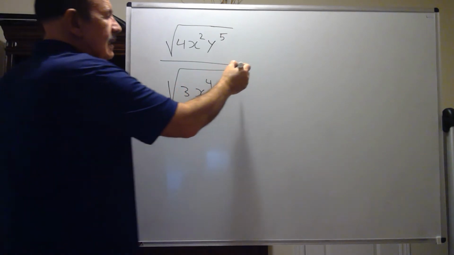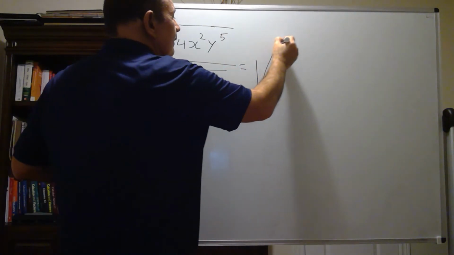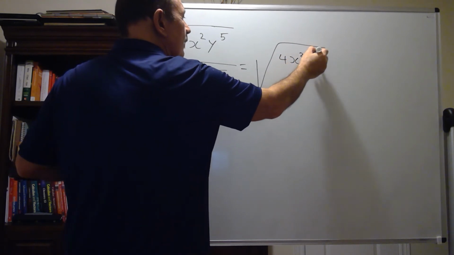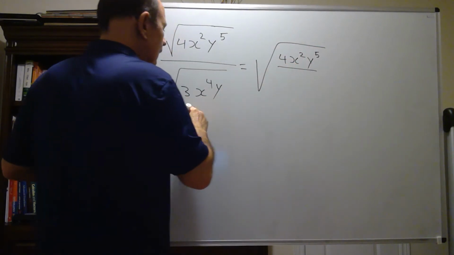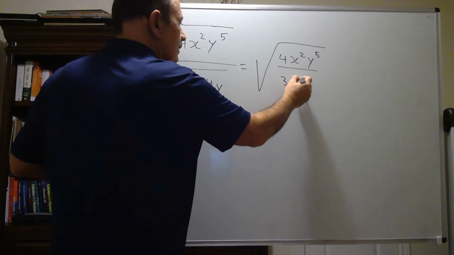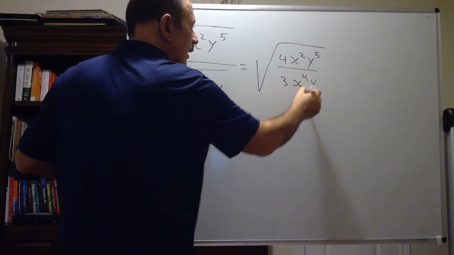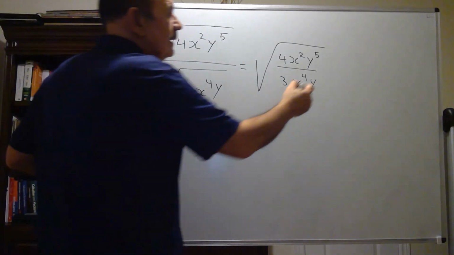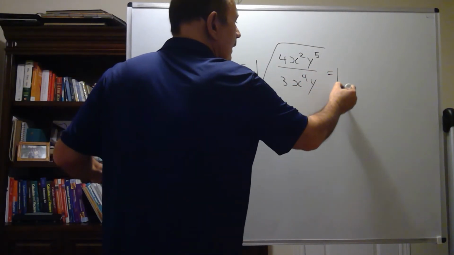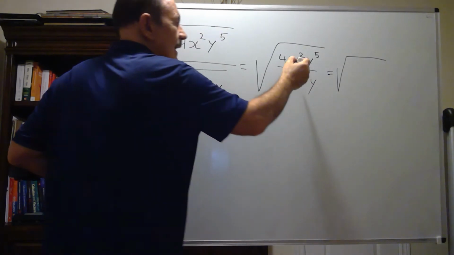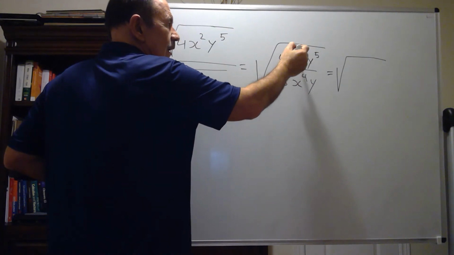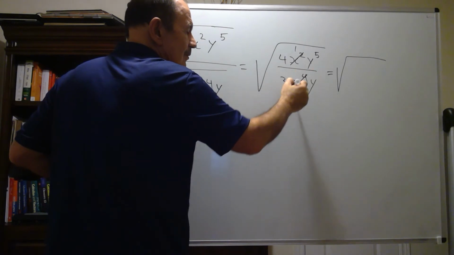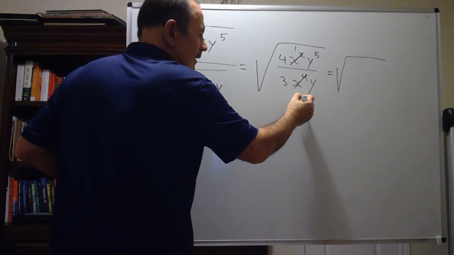One method is to just combine them as one fraction, 4x squared y5 over 3x to the power of 4 y. Now I can simplify it. x squared divided by x squared is 1, x to the power of 4 divided by x squared is going to be x to the power of 2.